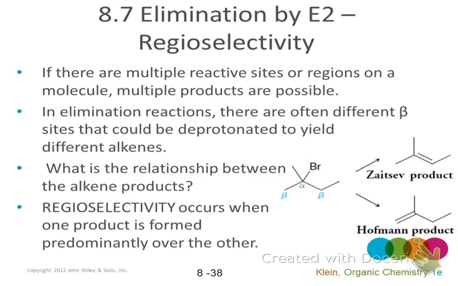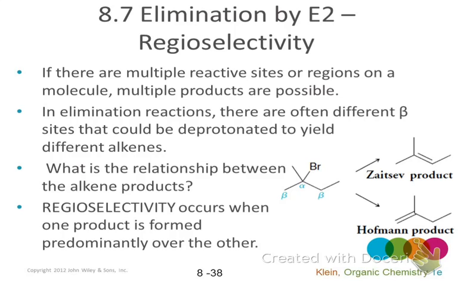Now, one F and two N's. I don't use that. I use anti-Zaitsev. And I suppose there are reasons why people don't use anti-Zaitsev, but they're in the small percentage. Look up Hofmann elimination, you'll find all kinds of reactions on amines. Amines turn out to give you a lot of Hofmann elimination products. Okay? Typically, though, people will just call it Zaitsev and anti-Zaitsev.